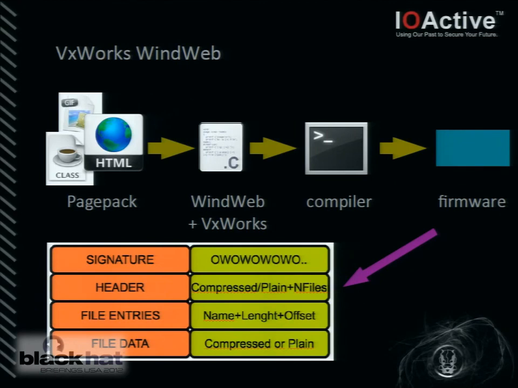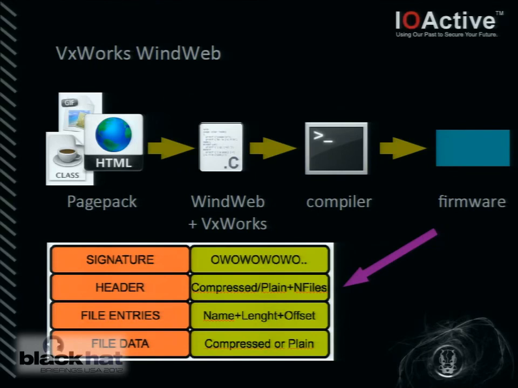Most of the VxWorks-based systems have it. VxWorks provides a tool called PagePack. So with this tool, you can create a C source code file which contains all the files the developer wants to share through the web server.